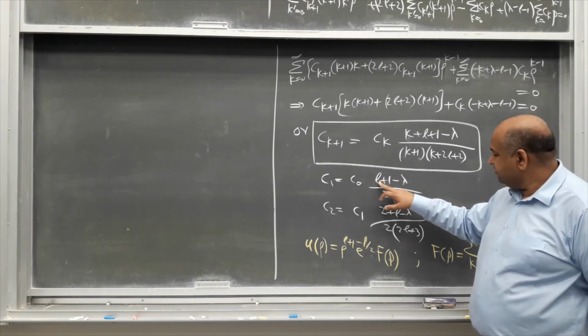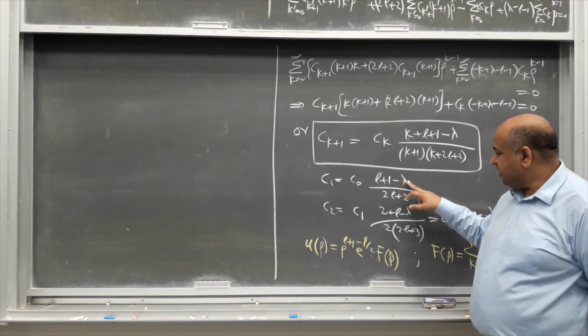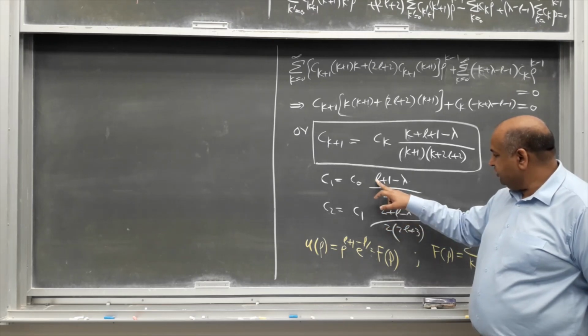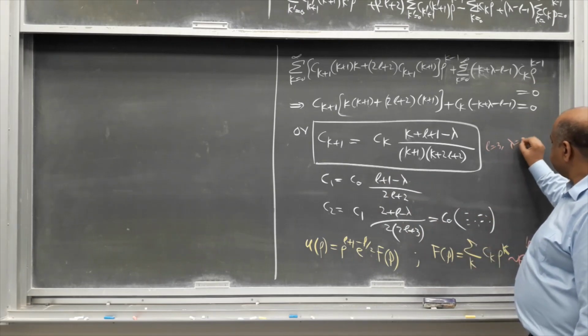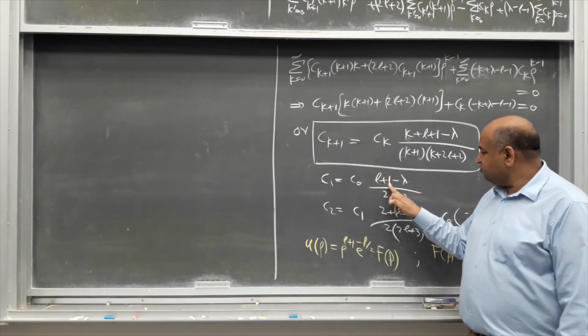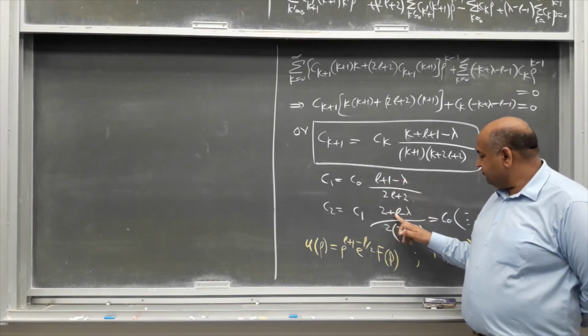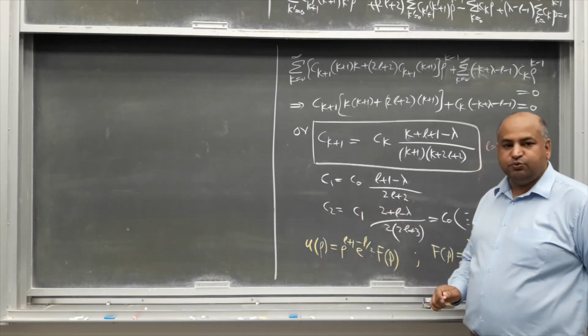For example, L is 3 and lambda is 5. Then this term would be 3 plus 1 minus 5, which is minus 1, then this is 2 plus 3 minus 5, which is 0, and C2 is 0 and all other coefficients are 0.